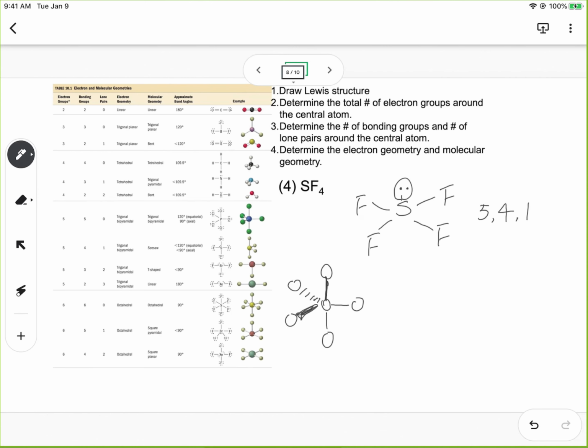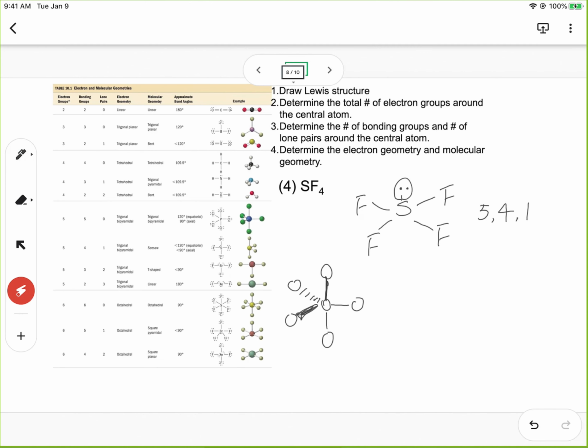Well, you can see that these 4 atoms, they are in the same plane. But how about if one of the electron groups in this trigonal bipyramidal geometry is a lone pair? Which position should be replaced by the lone pair?